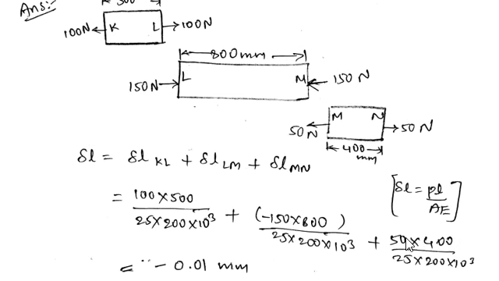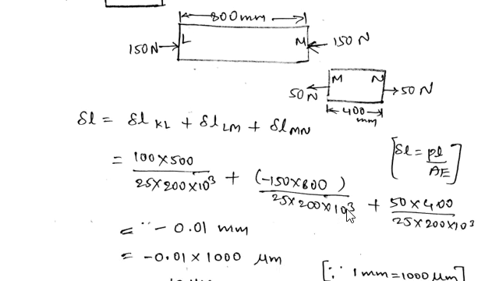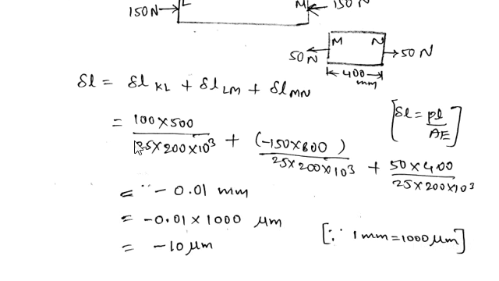Once again it is tensile, so we take plus, and L value 400 mm by area 25, and 200 into 10 to the power of 3 is the E value. When you simplify, we get the total delta L, the change in length of the total bar, as minus 0.01 mm. The minus sign indicates there is a reduction in the length of the member.